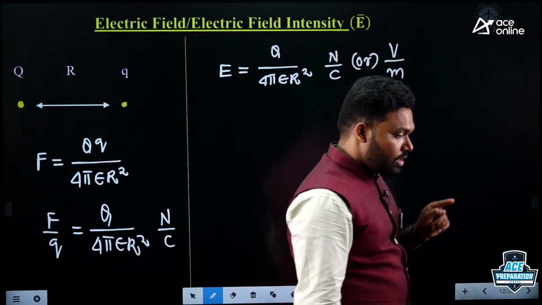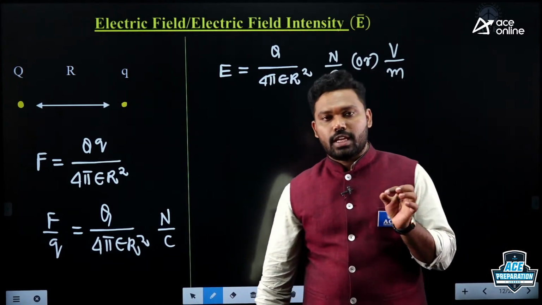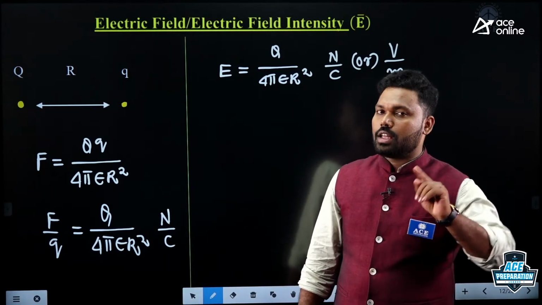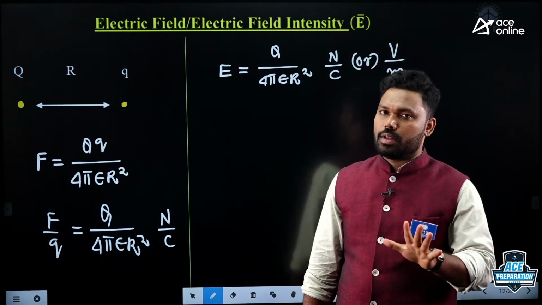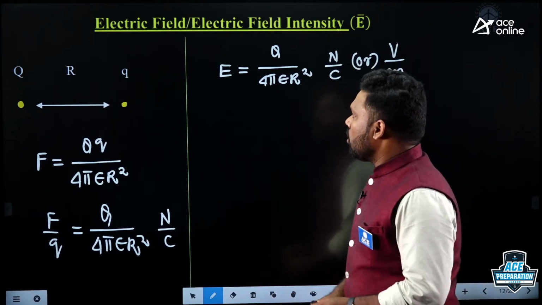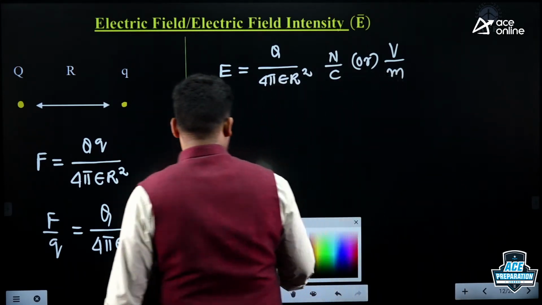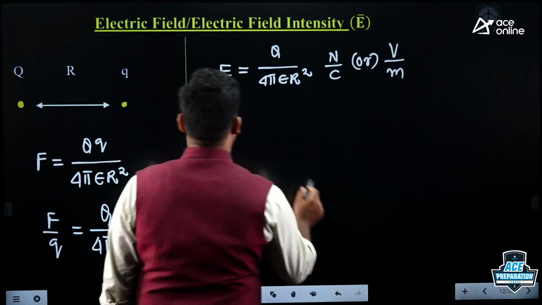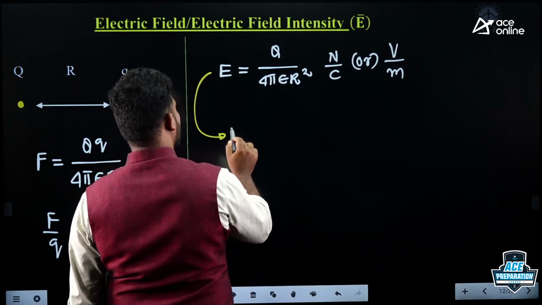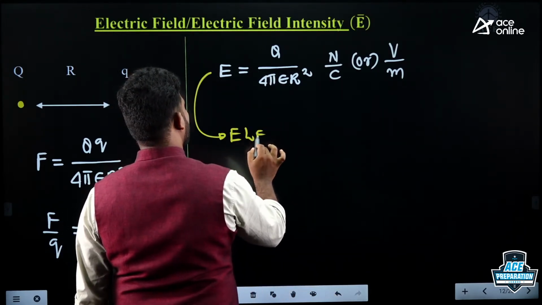There will be questions even on the units. The units of the electric field are Newton per Coulomb, and other units are volt per meter. These are very popular. So how do you define the electric field? Force experienced per unit charge is called electric field.